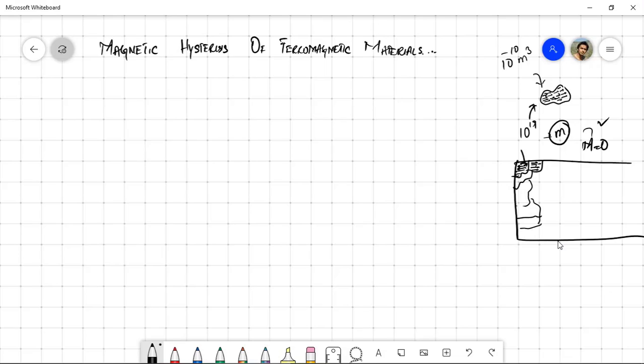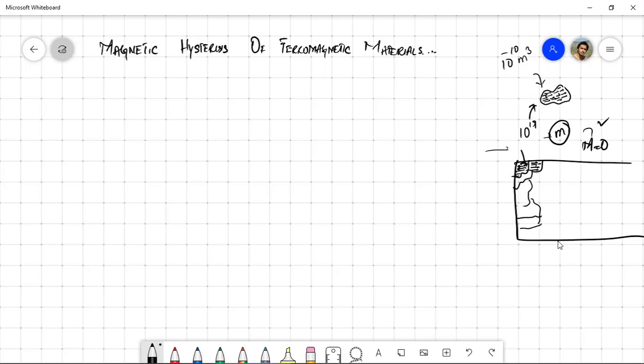To know how a ferromagnetic material works: whenever we take an unmagnetized sample, in which the domains are randomly aligned and as a result the total magnetization is zero, and place it into an external magnetic field, those domains will start to align themselves according to the externally applied magnetic field.